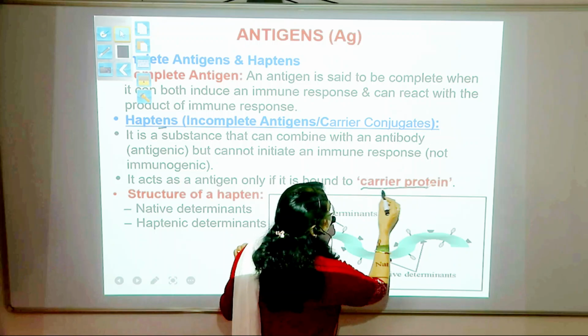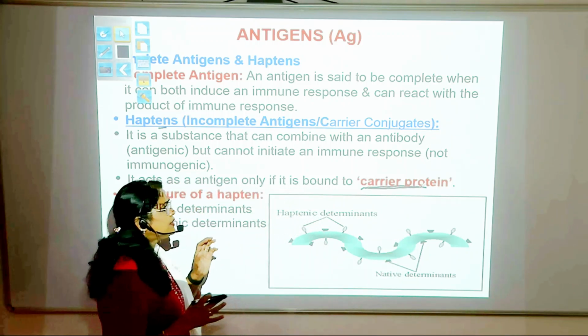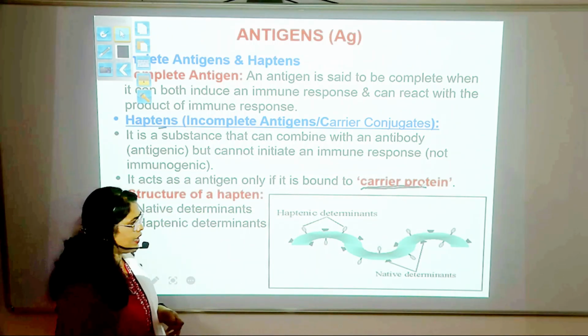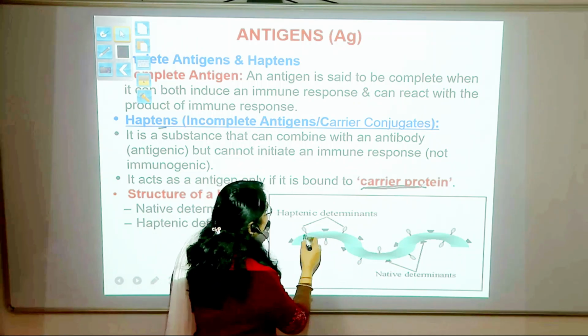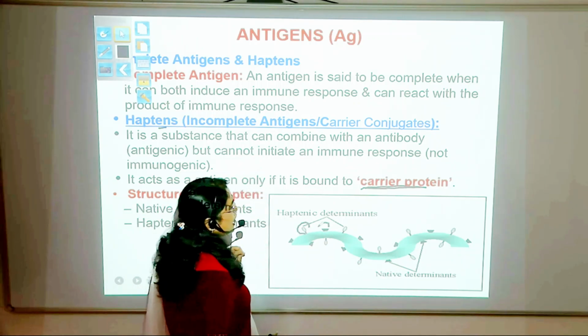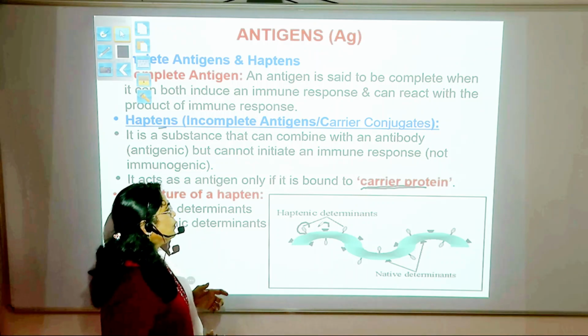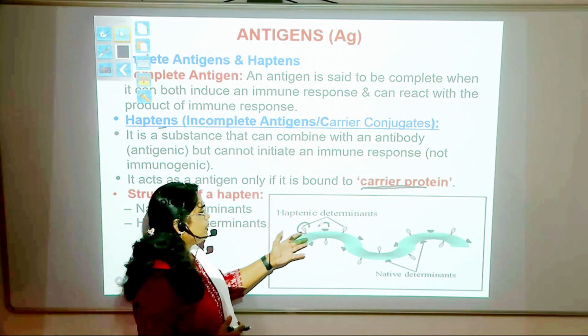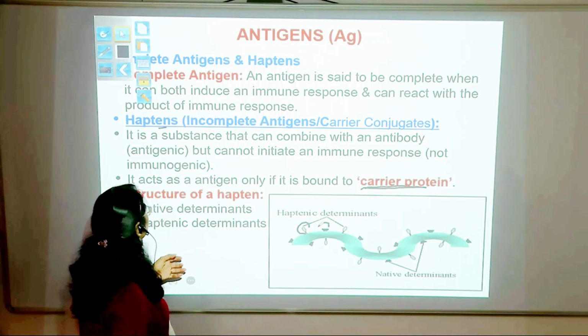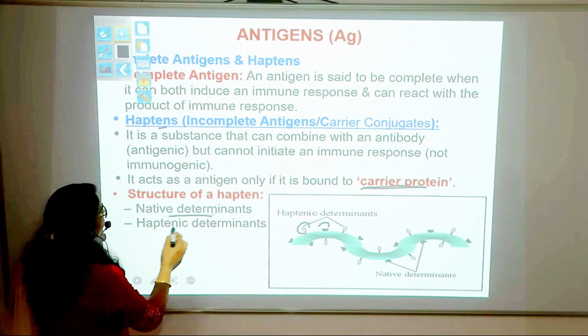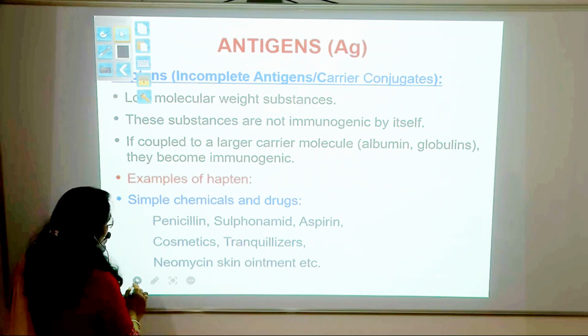So haptens are bound with certain proteins called carrier proteins, and then they can be introduced as an antigen. So there are native determinants and haptenic determinants.